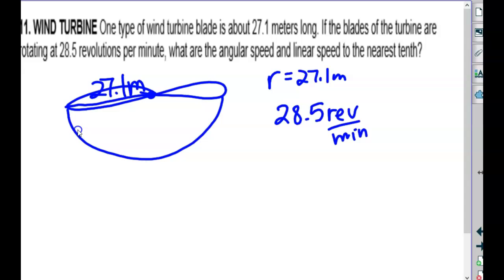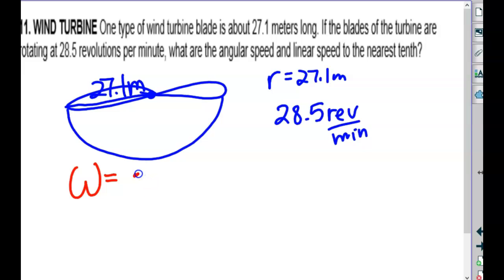Angular speed. What did you learn yesterday about angular speed? Anybody know anything? Angular speed, what letter is it? That weird W. And it's got to be radians per time. Do we have an answer in radians per time already?